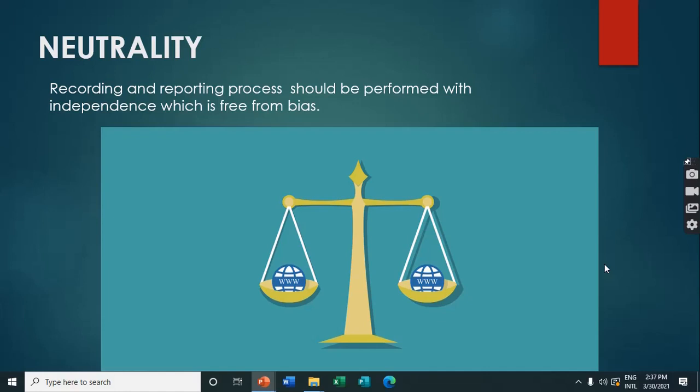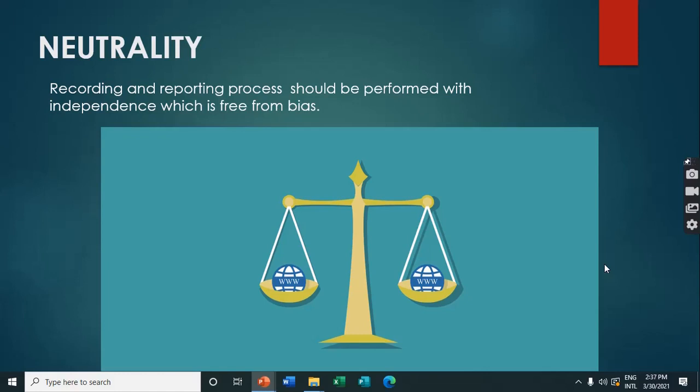So, pag sinabi nating free from bias, ibig sabihin kung ano yung nangyaring transaction, i-record mo. Yun lang yung i-record mo. For example, may magi-invest sa iyo na company. Ayan. Nalaman mo na ganito yung gusto ng investors mo na other company.